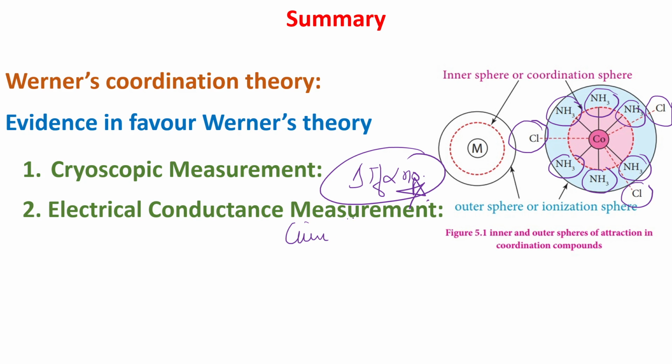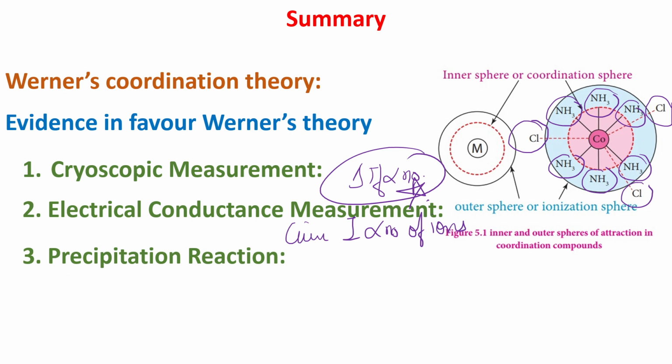Current, that is I, is proportional to the number of ions. The more the ions, the more was the current. So for the different complexes, he obtained different values of current, and that's how he explained his coordination theory: some ions are present outside that are ionizable, and some are present inside. That's why the values are coming different.